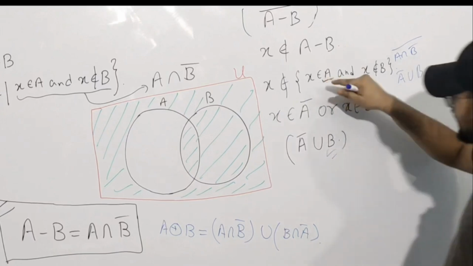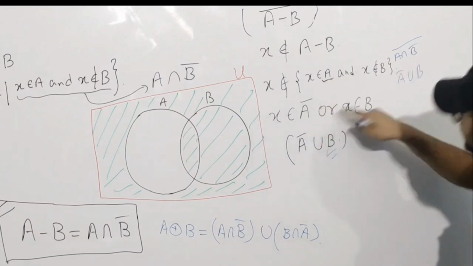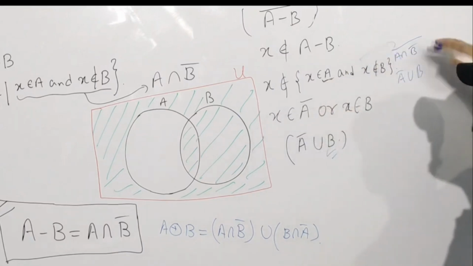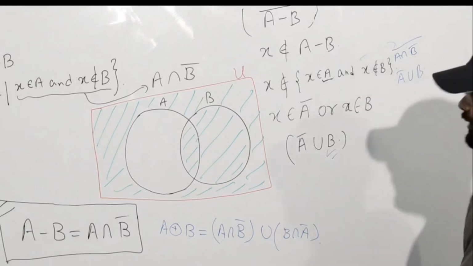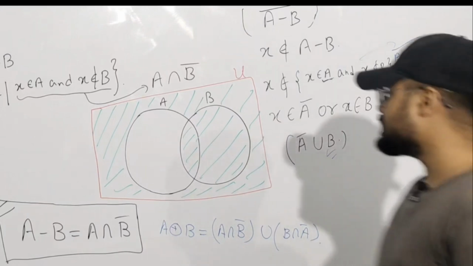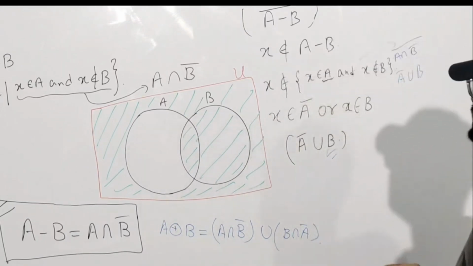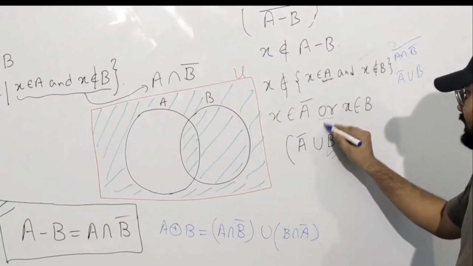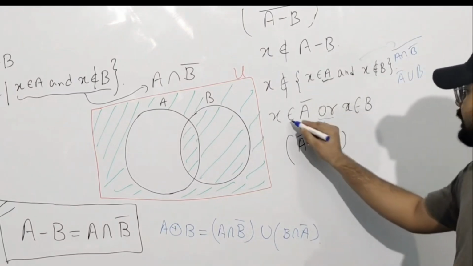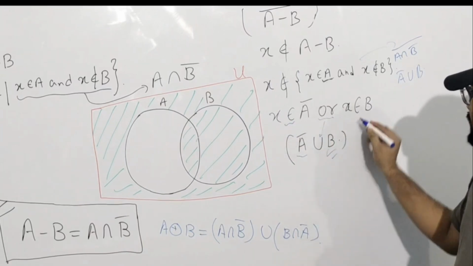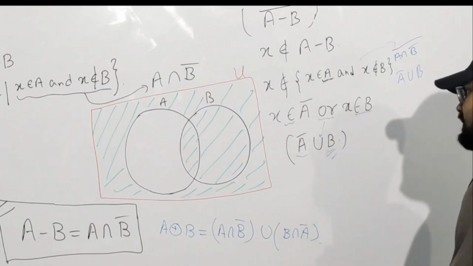So you can directly deal with set operations. It's the same thing. Okay, I think this is enough. It's very easy. If here it is or, it means union. Belongs to A, directly you write the set. Belongs to B, directly you write the set.